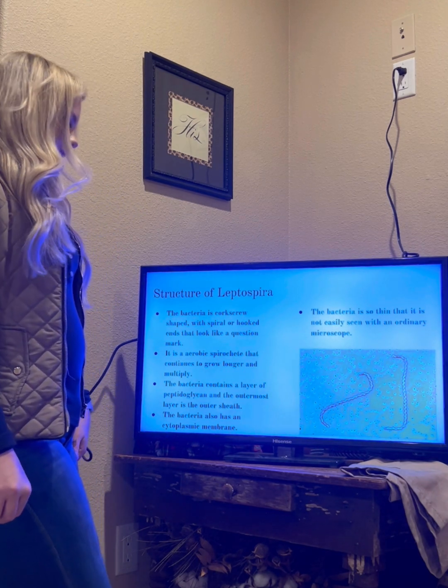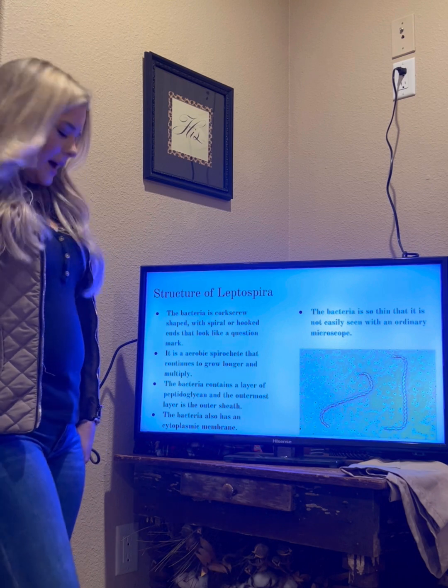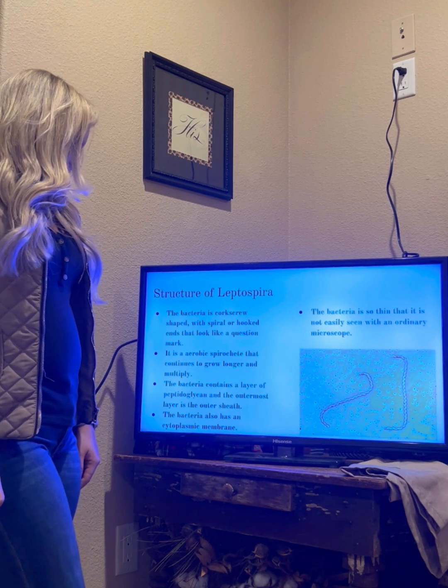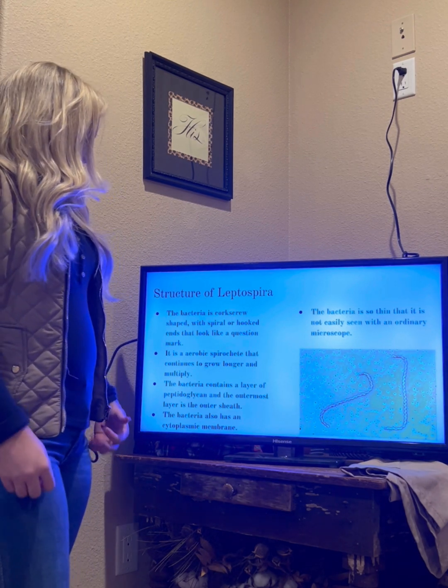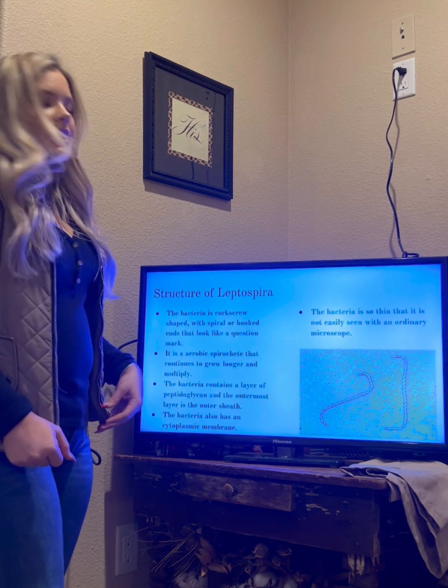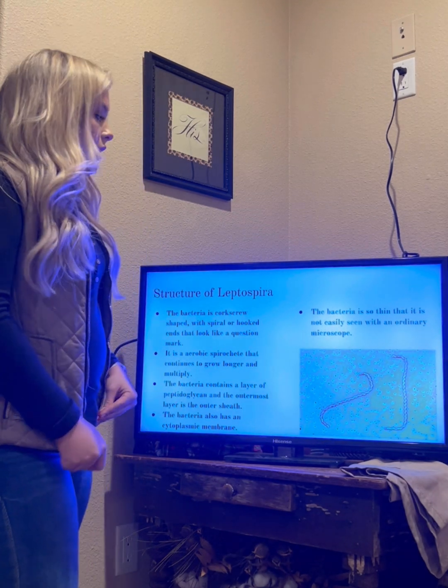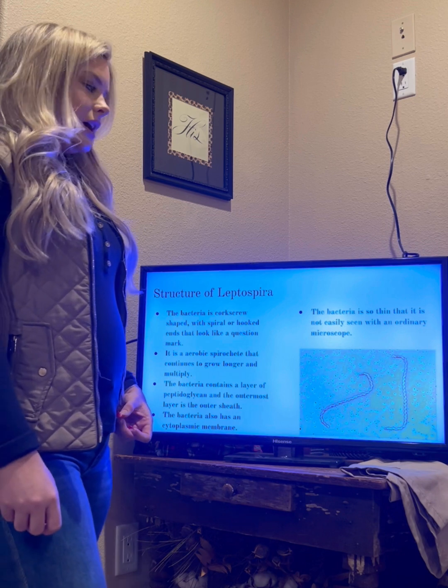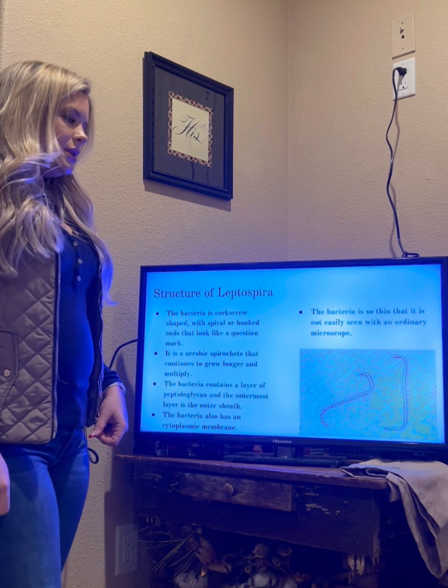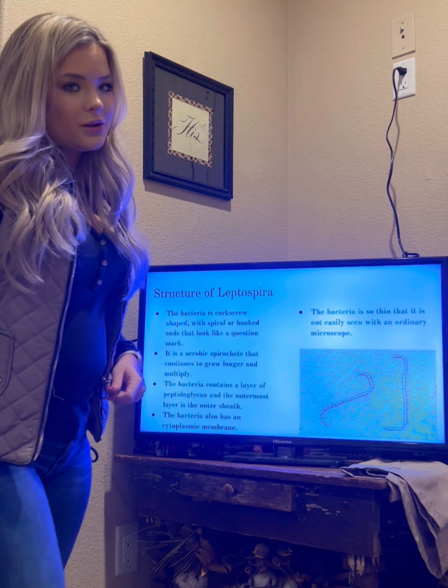The bacteria contains a layer of peptidoglycan, and the outer layer is the outer sheath. The bacteria also has a cytoplasmic membrane. The bacteria is so thin that it cannot easily be seen with an ordinary microscope.